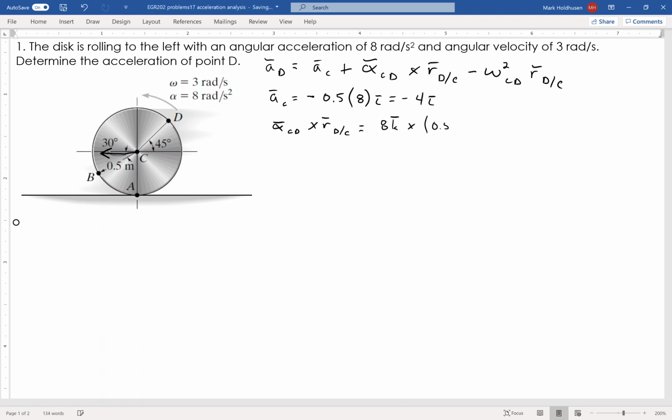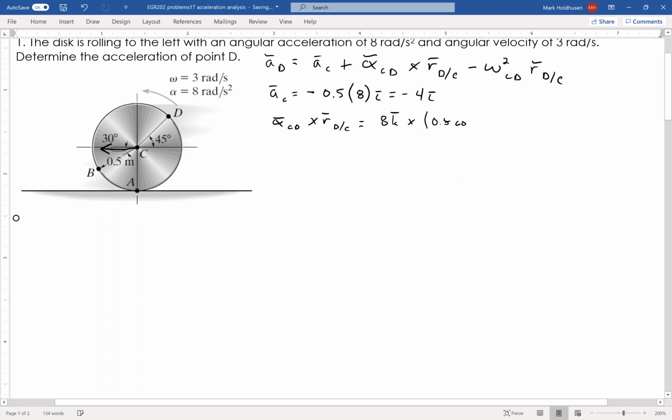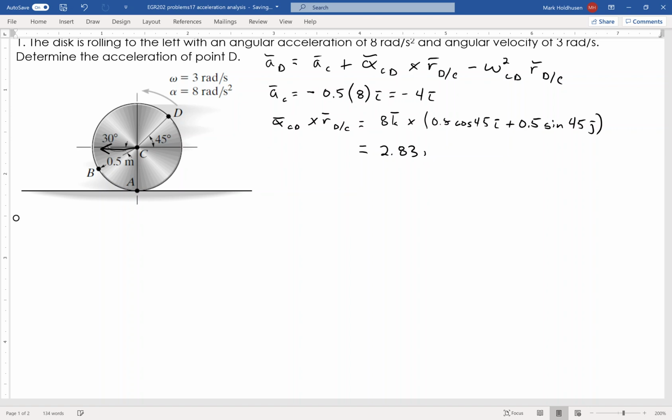So it's going to be 0.5 cosine 45 in the I plus 0.5 sine 45 in the J. Now that cross product, when I do that, I get 2.83 in the J direction and negative 2.83 in the I direction.